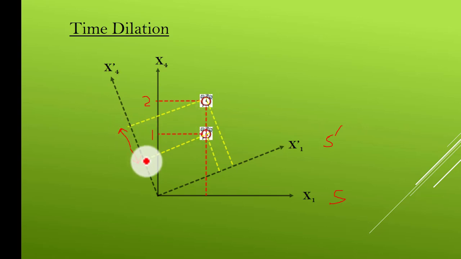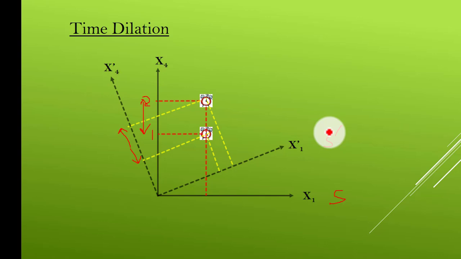This is the interval between the 1 minute gap. In the S frame of reference, the time interval was this. It is quite visible that the span of this time interval is small in the S frame of reference, and it is larger in the S prime frame of reference.